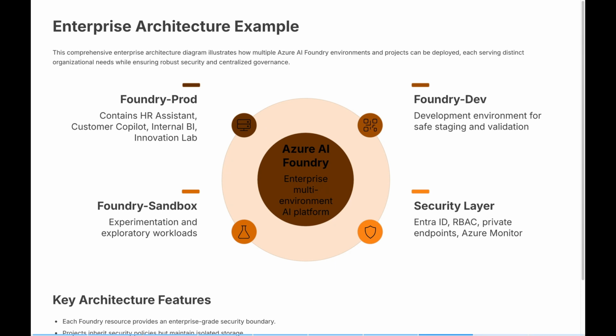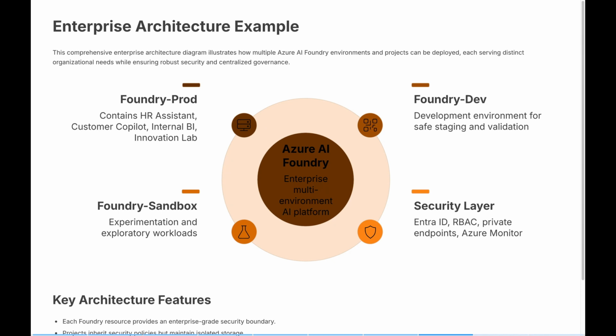The internal BI project processes financial reports and is highly compliance-critical. It is configured with customer-managed encryption keys, dedicated audit logging, and meets SOC 2 and HIPAA requirements. And the innovation lab is where teams test new capabilities. It's configured for rapid iteration with lower-cost deployment options, but still inherits the production resource security policies. What ties this together? Microsoft Entra ID authenticates all users.